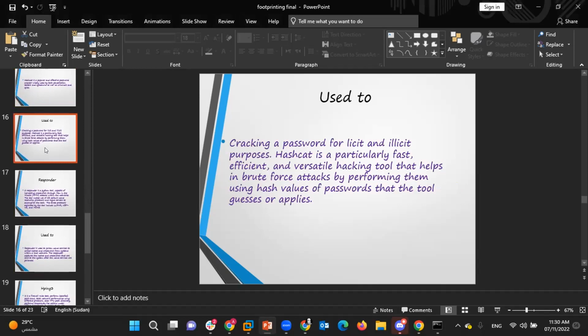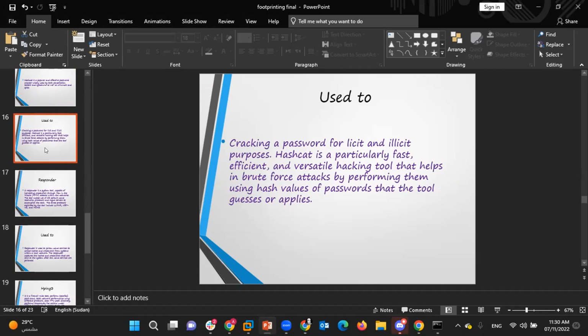Why do we use Hashcat, or what do we use it for? Hashcat is used for cracking passwords, for legal and illegal purposes.